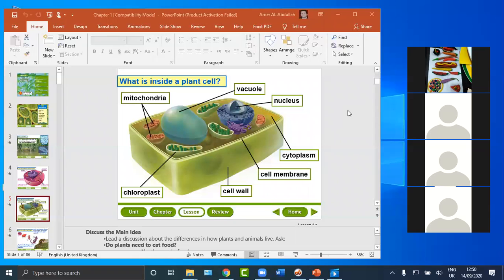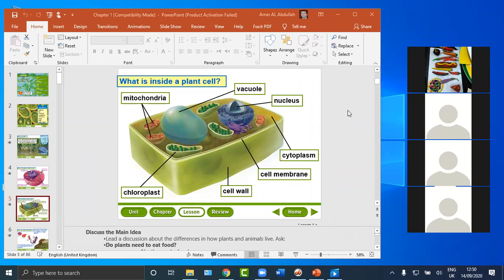Yes, excellent. Some cells are more active than others and require more energy. For this reason, they need support from the mitochondria. For example, muscle cells have many mitochondria because they need energy.